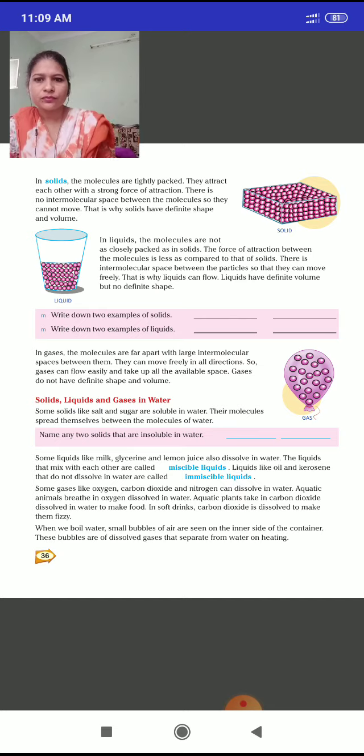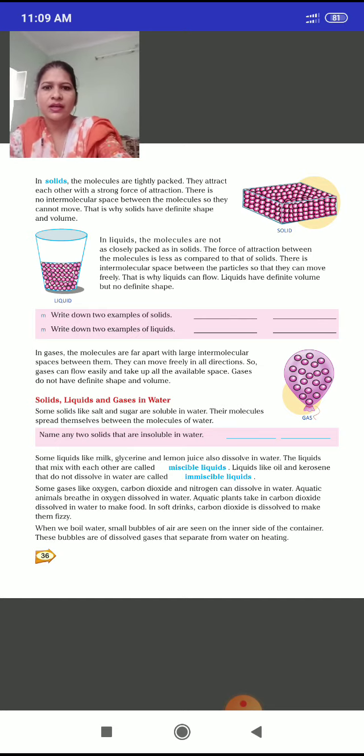Now some liquids like milk, glycerin, lemon juice also dissolve in water. Liquids that mix with each other are called miscible liquids. Like lemon juice, we can mix it with water, so that is a miscible liquid.